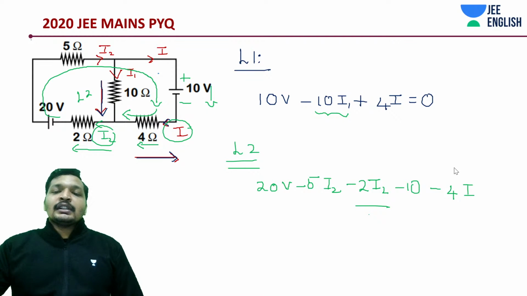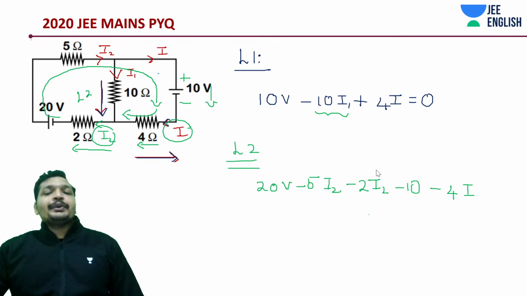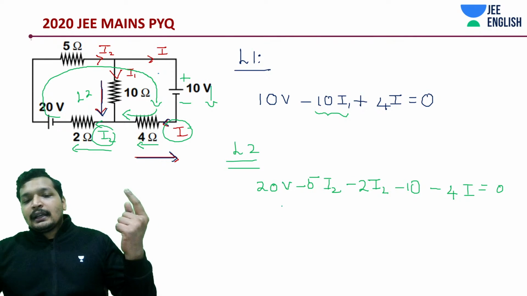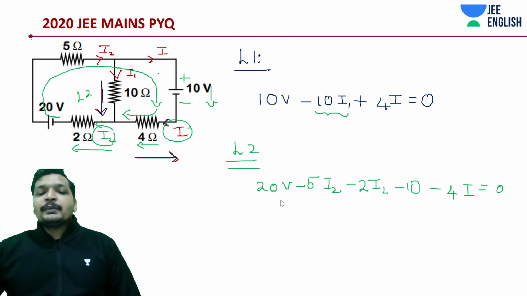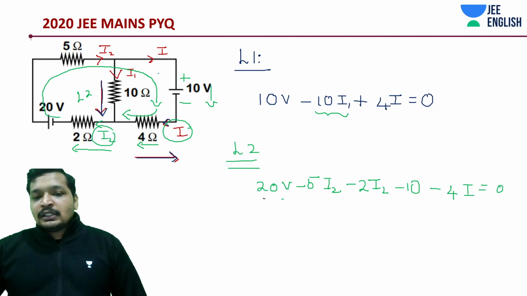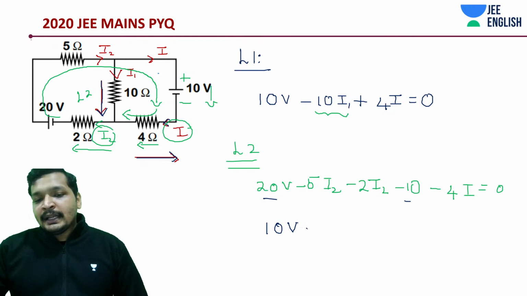Okay, I just wrote it so that you can quickly write down the equations in here. You should be knowing, it should be 10 volt minus 7i2 minus 4i.